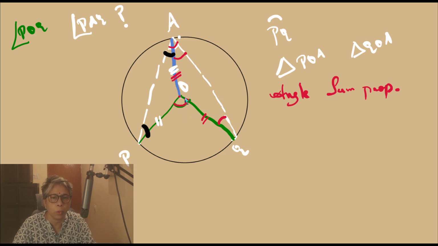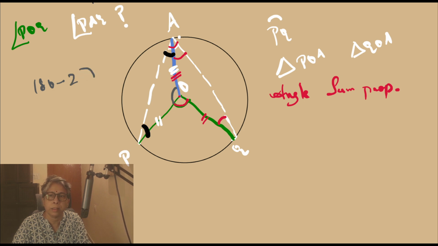The angle around O. Of course, the full angle would be 360 degrees. But what about this angle now? If I use a different color, maybe a gray color. What about this angle? This would be equal to 180 minus 2 black. So this angle is 180 minus 2 black.